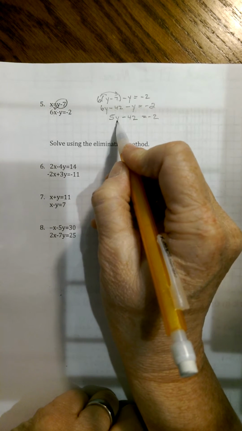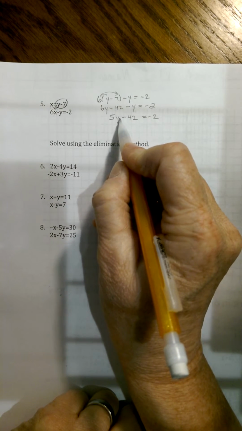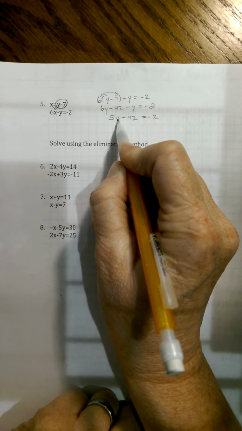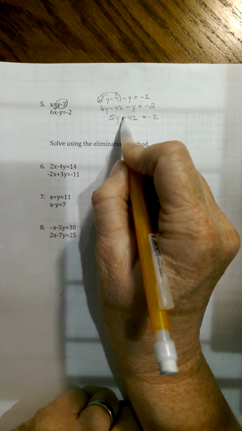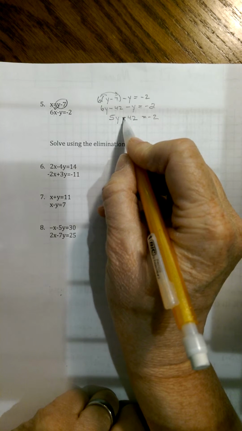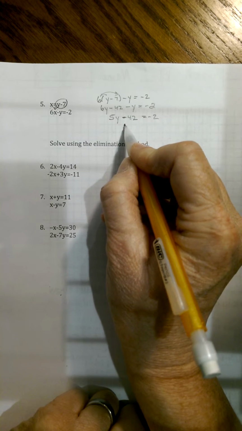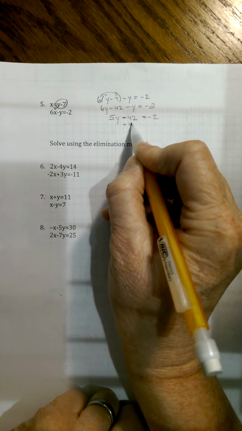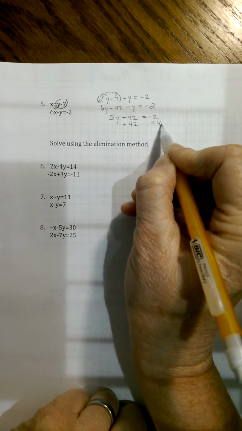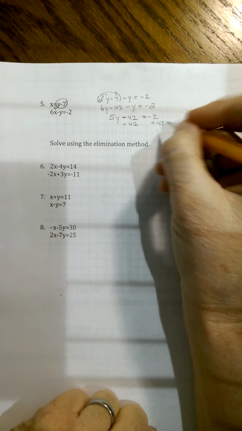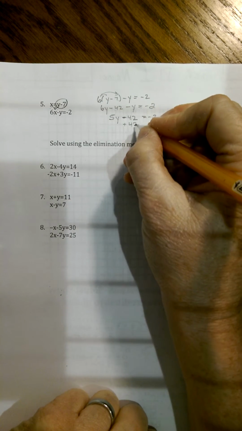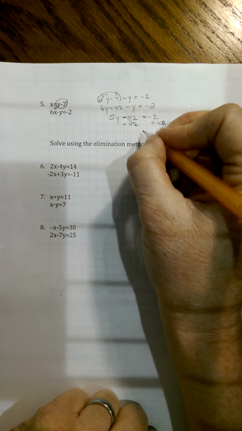Remember, this is another two-step equation, so I have to start. I don't want to move y because I'm solving for it. I want to start by moving the 42. Since 42 is subtracted, remember I always do addition or subtraction first. In this case, it's best to do addition first. Because negative 42 plus positive 42 cancels it out.